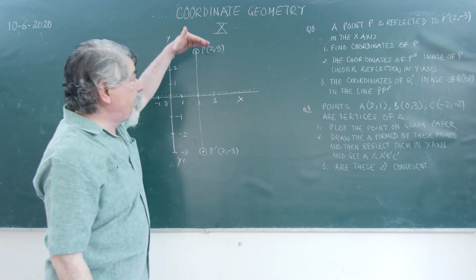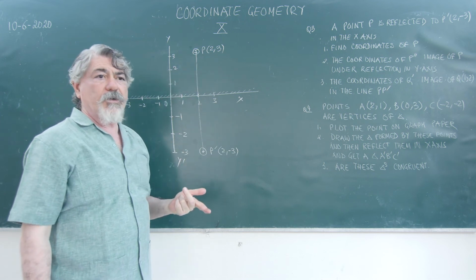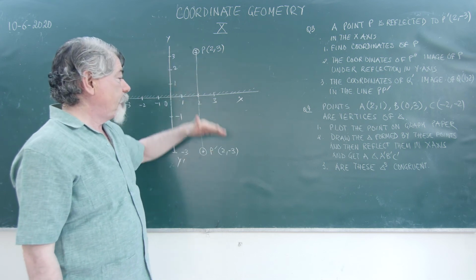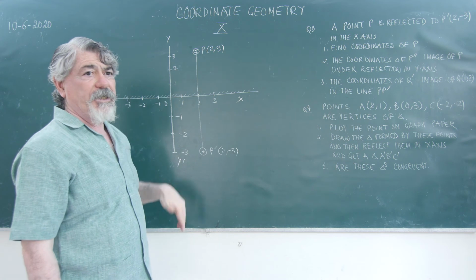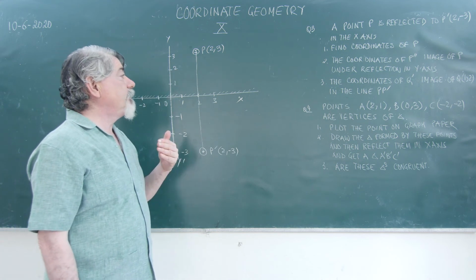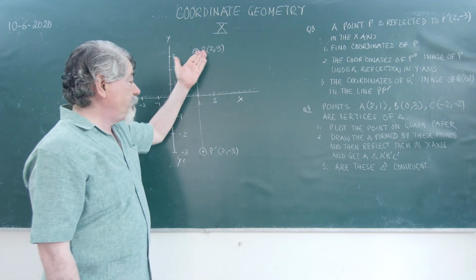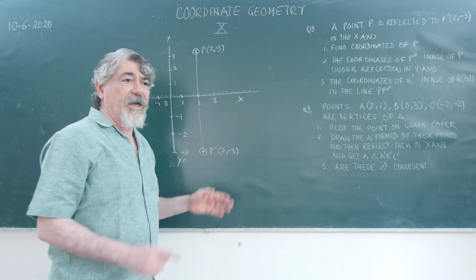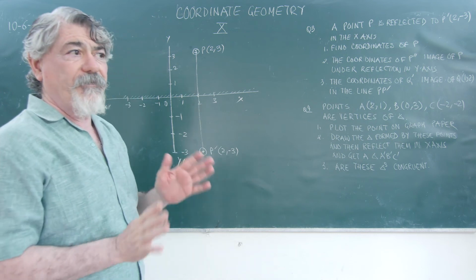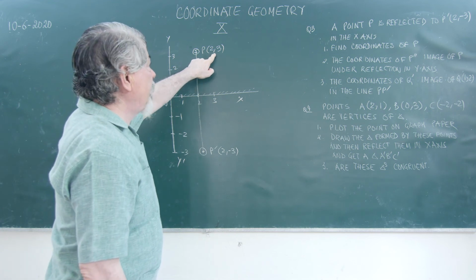Reflect the point P dash in the x-axis, you will get the coordinates of P. You wanted the coordinates of P, so reflect P dash, because he said P dash is the reflection of P. If P dash is the reflection of P, then P is also the reflection of P dash in the same line. They are reflections of each other. Now I've got the coordinates of P as 2, 3.